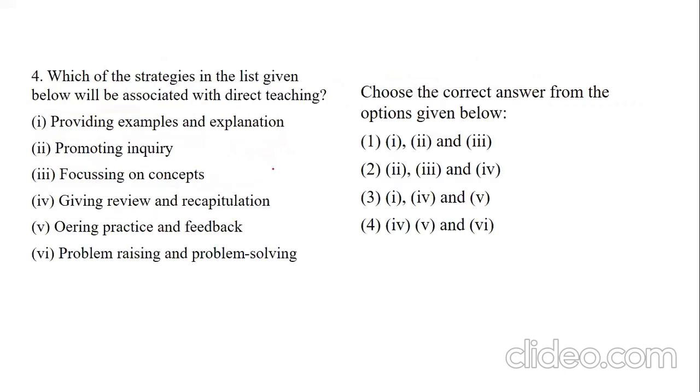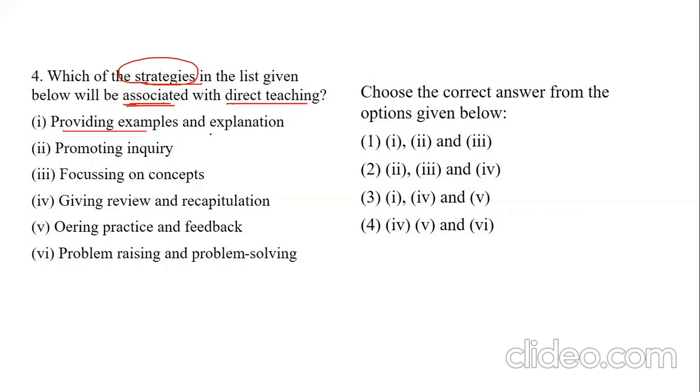Then the next question is again a choice based one, where you can just read out and find out those choices which cannot be at all a part of the answer. So let's read out: which of the strategies in the list given below is associated with direct teaching? You have to find out the strategies which are linked towards direct teaching.